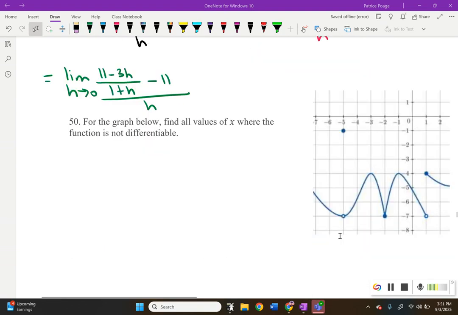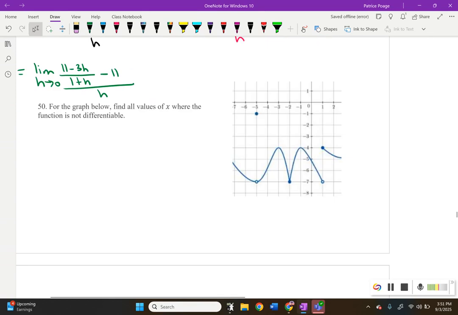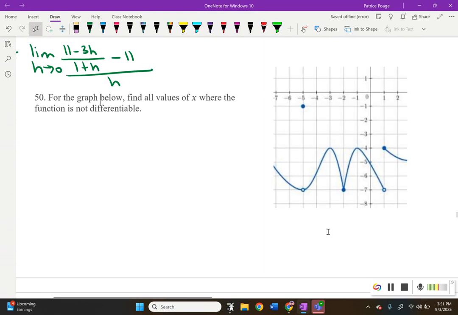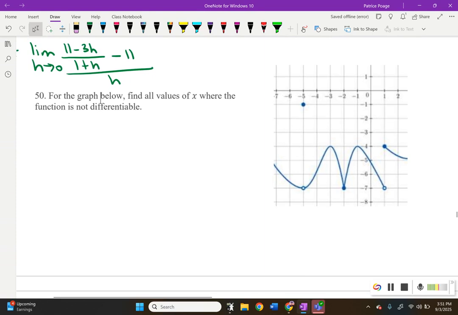All right, number 50 says, for the graph below, find all values of x where the function is not differentiable. So not differentiable means it does not have a derivative.